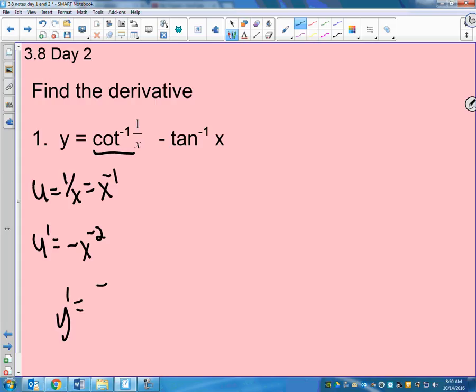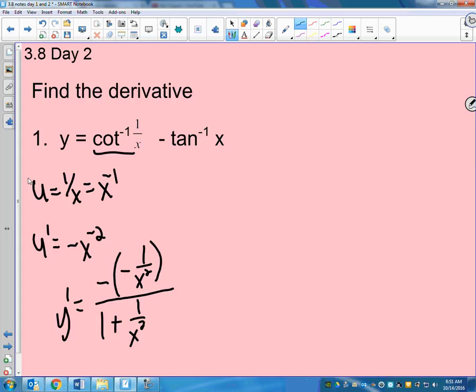So it's negative u prime, so that would be negative, a negative 1 over x squared. Follow me on that? I'll do it. Negative 1 over x squared over 1 plus u squared, so that would be 1 plus 1 over x squared.